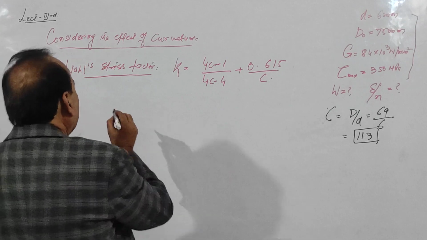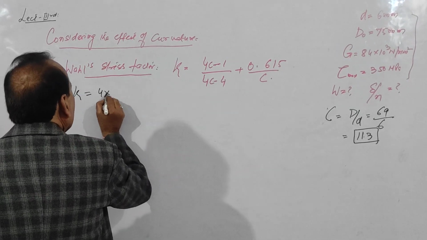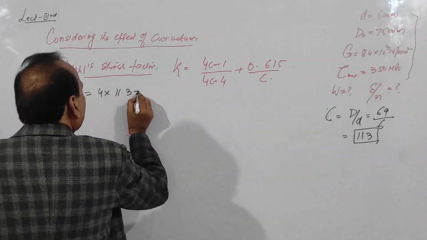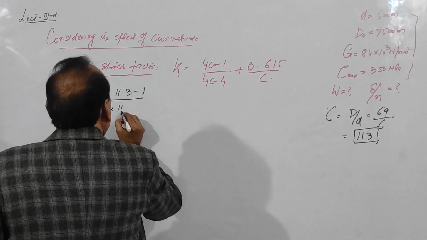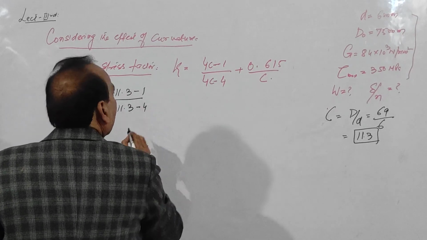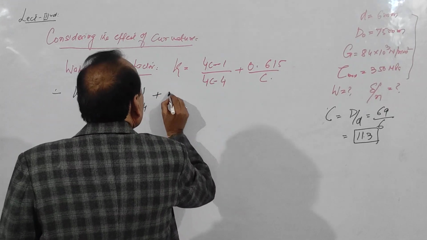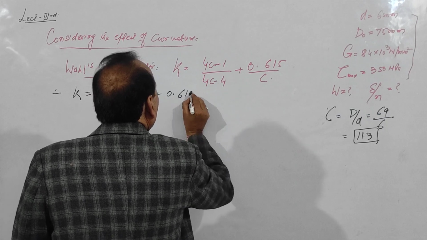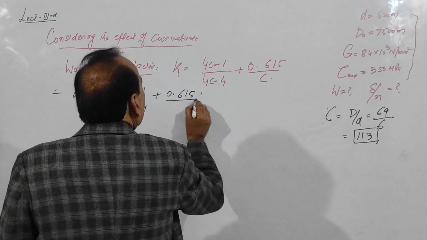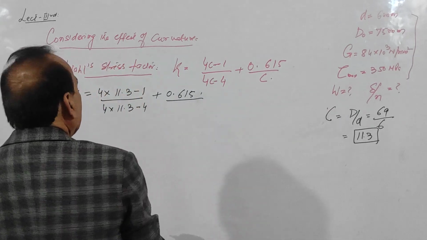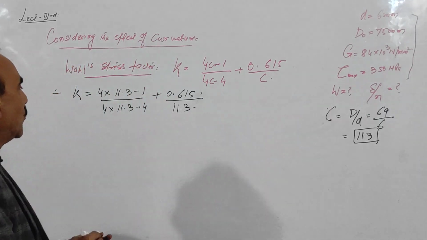So the value of C was 11.3. First we will calculate the Wahl stress factor, right? So what will be the Wahl stress factor K? Substitute the values: 4 into 11.3 minus 1, divided by 4 into 11.3 minus 4, plus 0.615 upon C. What is C again? 11.3, right? So we will calculate this.